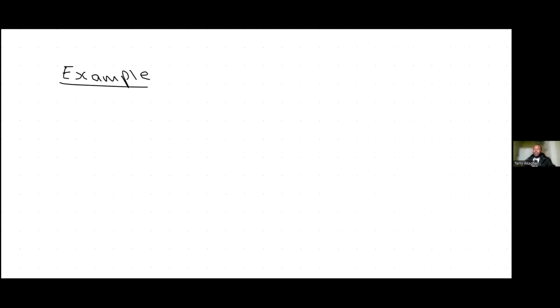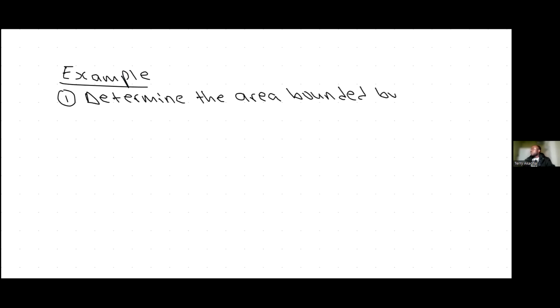Number 1, let's say we're told to determine the area bounded by the curve y is equal to x squared minus 9, okay?